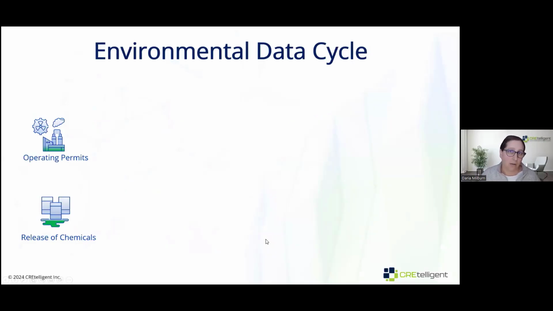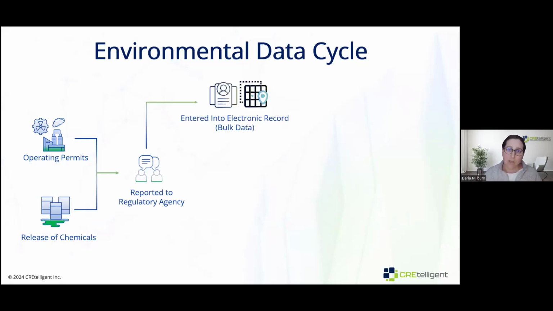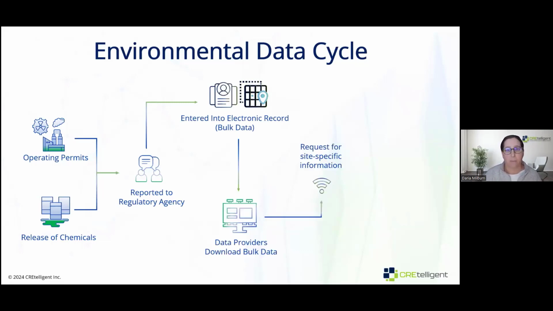So if we talk a little bit about the environmental data cycle, it starts with either operating permits, or let's say a release of chemicals, or an incident of some nature that occurs. And those get reported to the regulatory agencies. Those agencies then enter it into their electronic record, which then becomes that bulk data file.